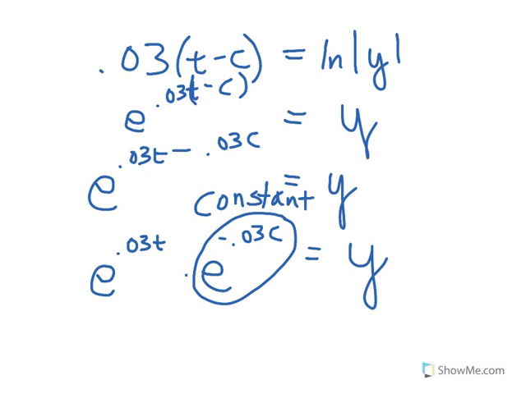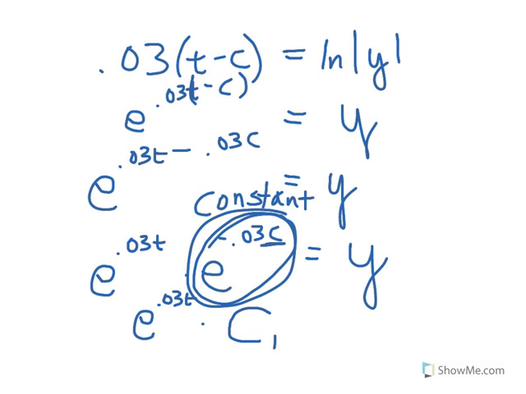And we really do want to know what that constant is, but we don't want to have to deal with the e to the whatever. I don't really care what this specific number is. I really just care about the value of this entire thing. So we're going to replace this with a whole new constant. We're just going to call it, say, C1. Because we know it's a constant, we know it's there, we know it's going to work.